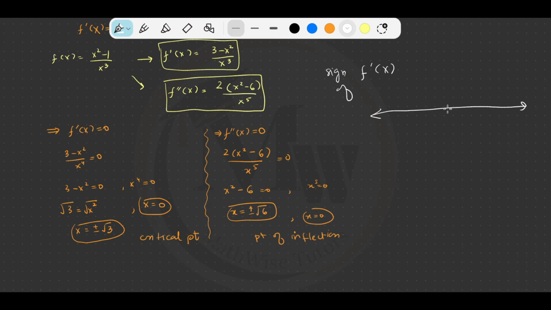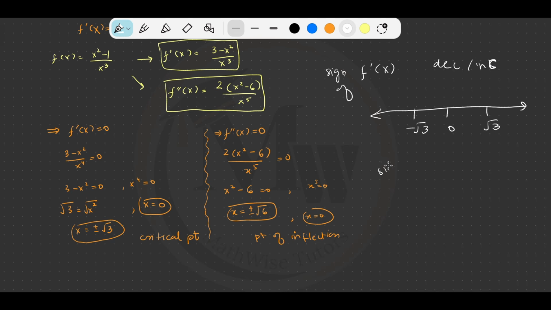So we get 3 points: one is x equal to 0, one is square root of 3, one is negative square root of 3. So we check how the function behaves around these points. Around these points will give us the decreasing and increasing intervals, and decreasing and increasing also give us the information of relative maxima and relative minima.